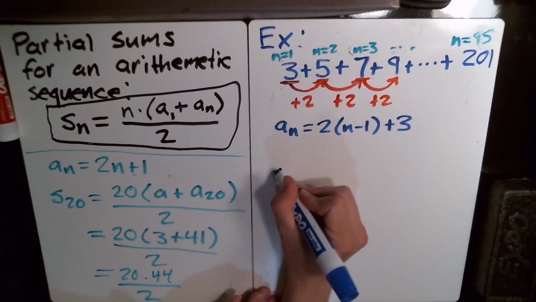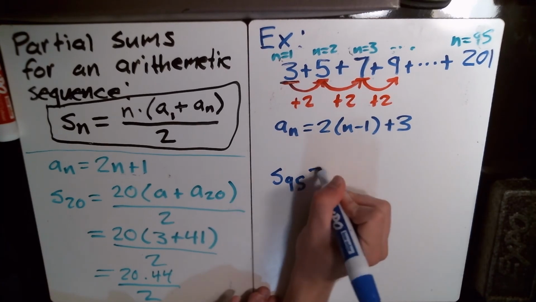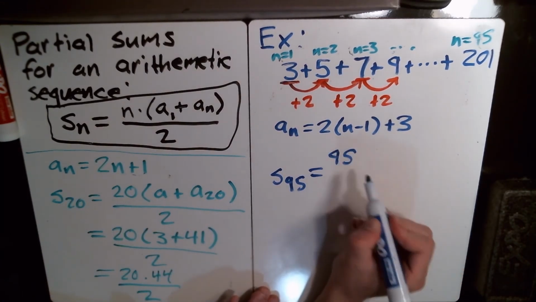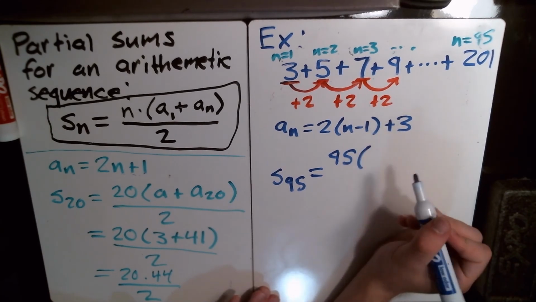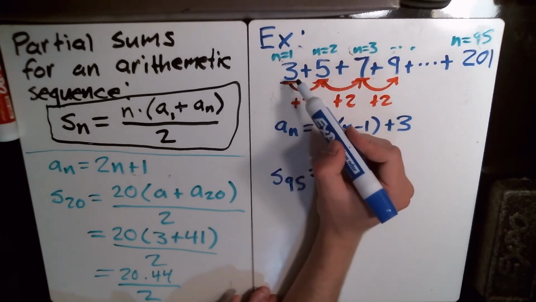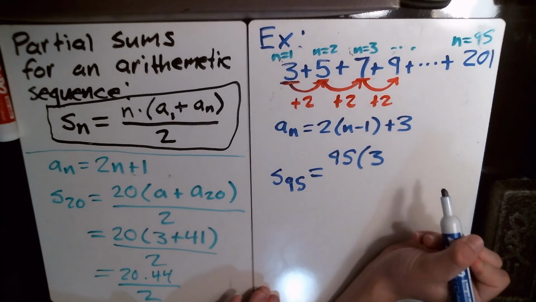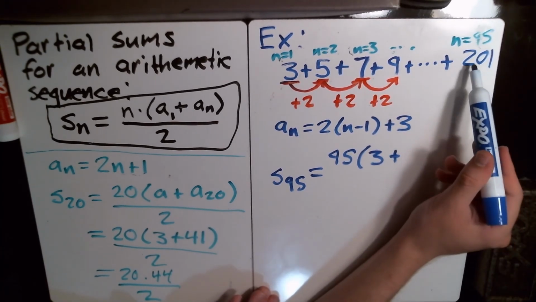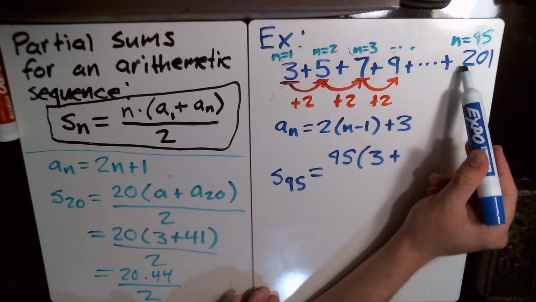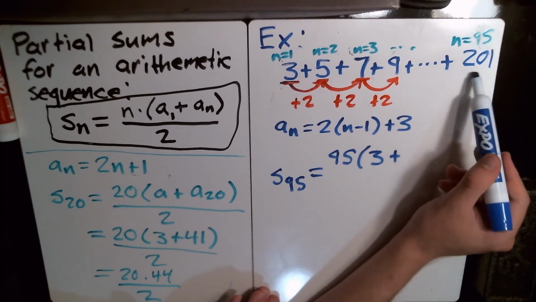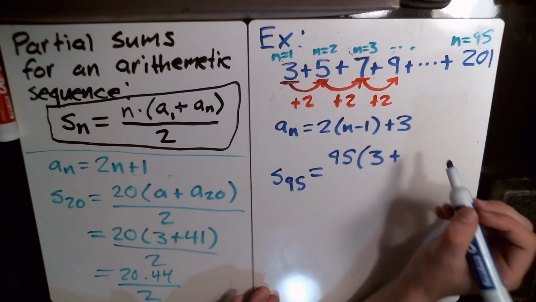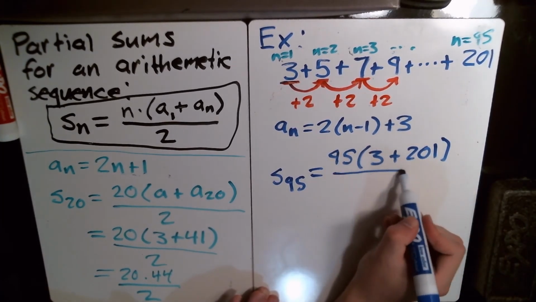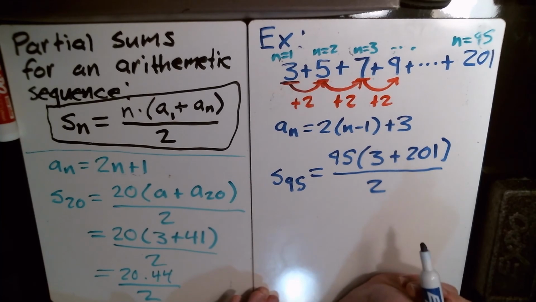We figured out we were looking for s sub 95, and so we used this formula, which told us we had 95 times a sub 1, which was 3, our first term, plus our last term, which was a sub 95, the very last term of our sum, and then divided by 2.